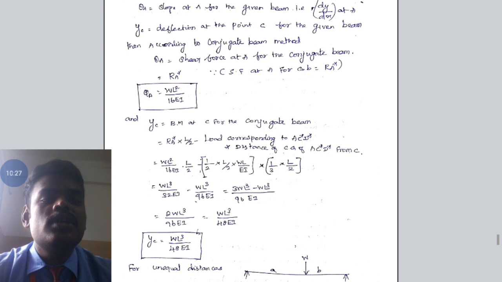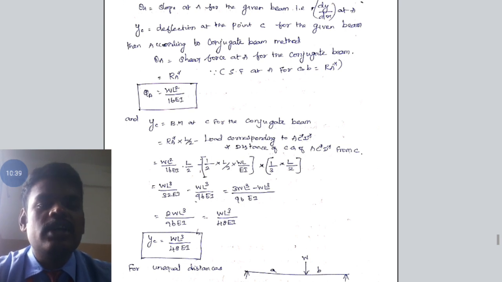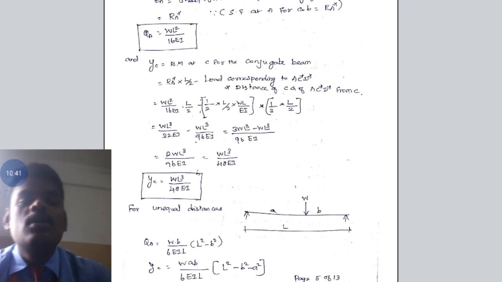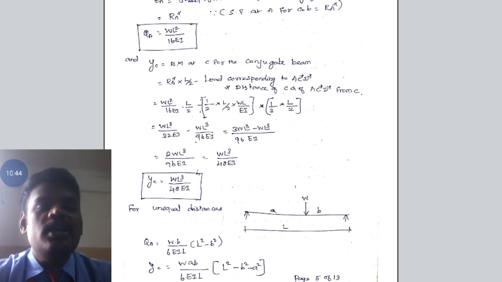Here the total distance is L by 2. Multiplying by the 1/3 distance, we get the deflection as 2WL cube divided by 96 EI. By simplifying, we get the deflection as WL cube divided by 48 EI.